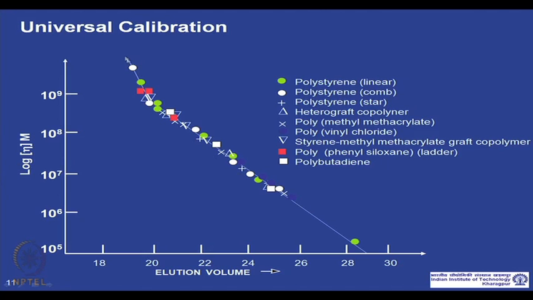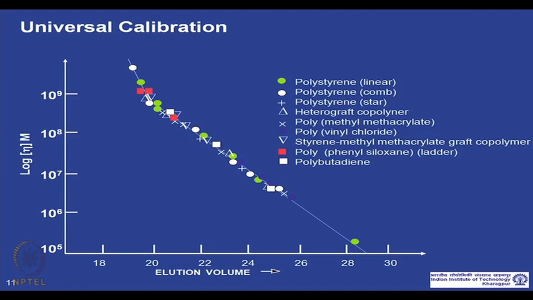So, if you can construct it with one of the polymers, say polystyrene, then the molecular weight of the other polymer can also be determined using this calibration curve, as long as we know the intrinsic viscosity for the polymers we are using and the elution volume from our GPC curve.